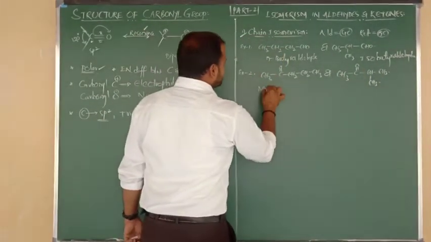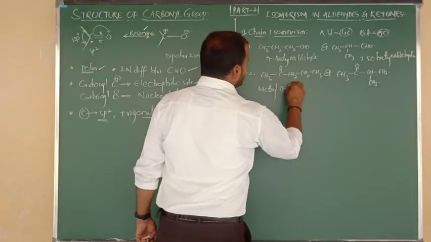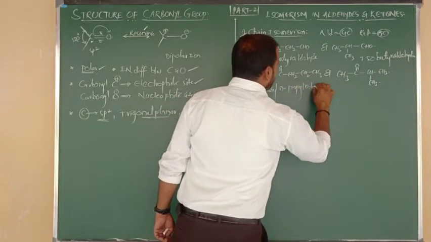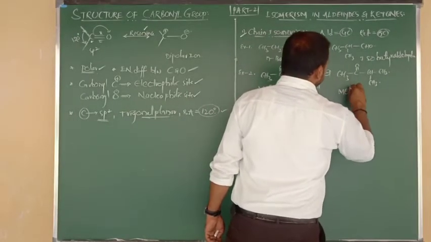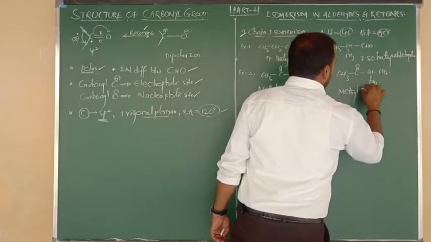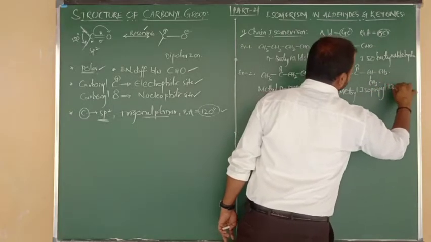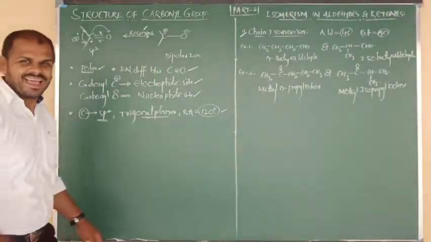So what is the name of this compound? Methyl, and this is what beta? The n-propyl group, methyl n-propyl ketone. And what about the other one? This is the methyl group, and on the right side the isopropyl group is there, methyl isopropyl ketone. Okay, right.